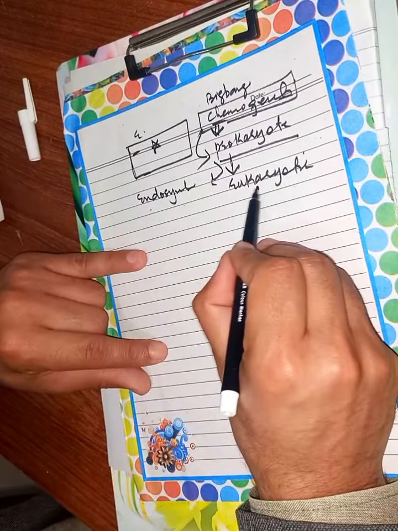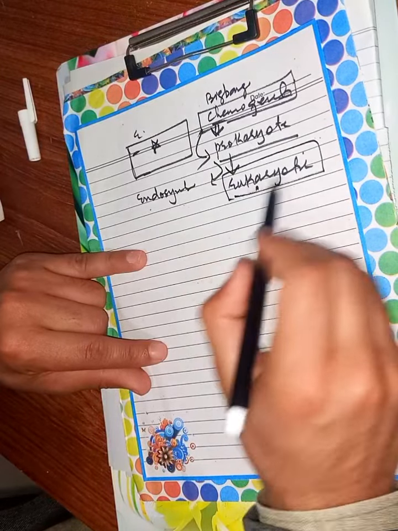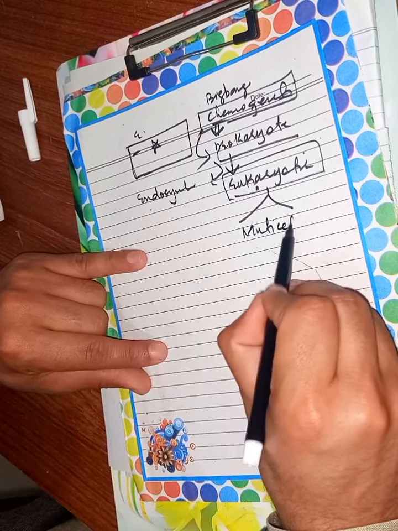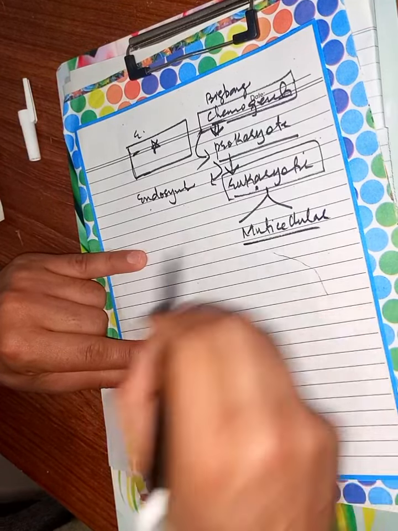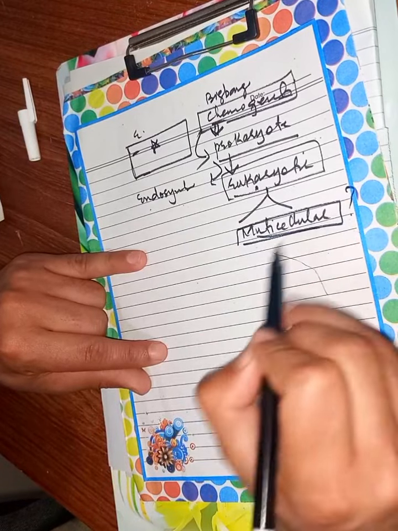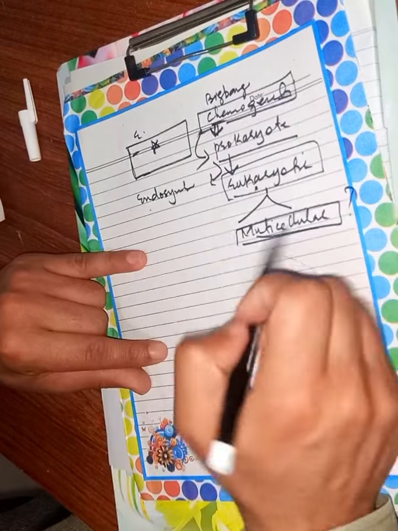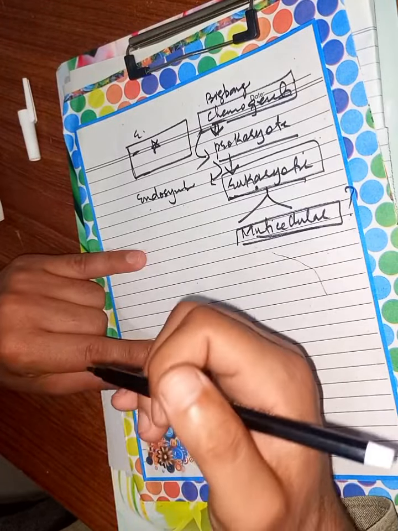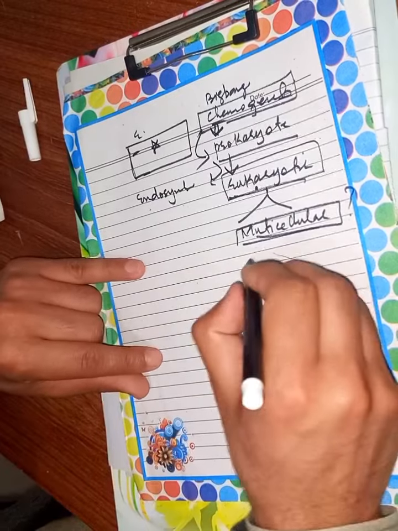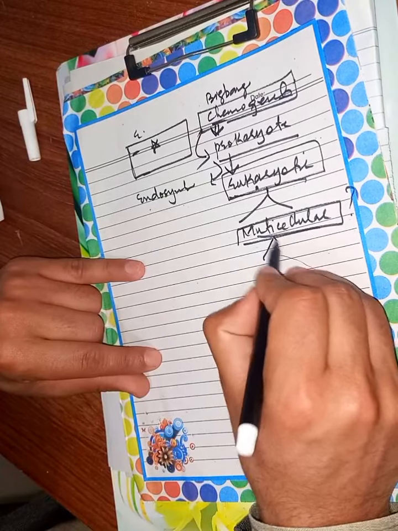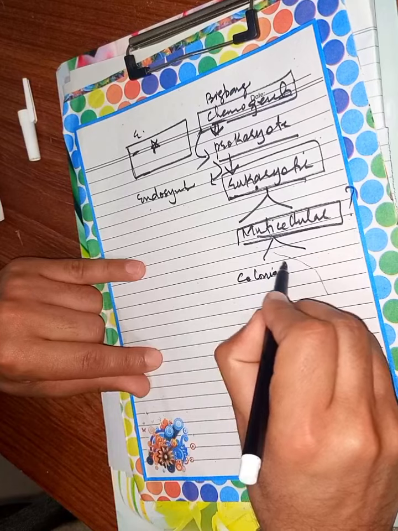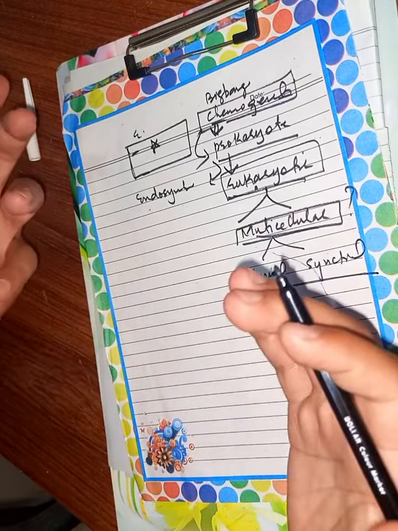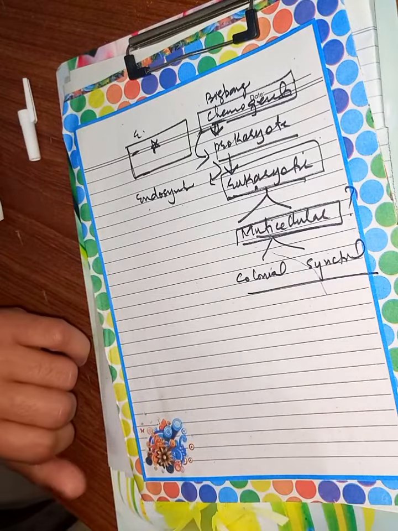After that, how did this unicellular eukaryotic cell evolve into a multicellular one, or the other way around, how did multicellularity arise from the unicellular eukaryotic cell? Again, we have two hypotheses: the colonial hypothesis and the syncytial hypothesis. But I'm not going to teach you the whole thing, I'm just providing a general scheme.